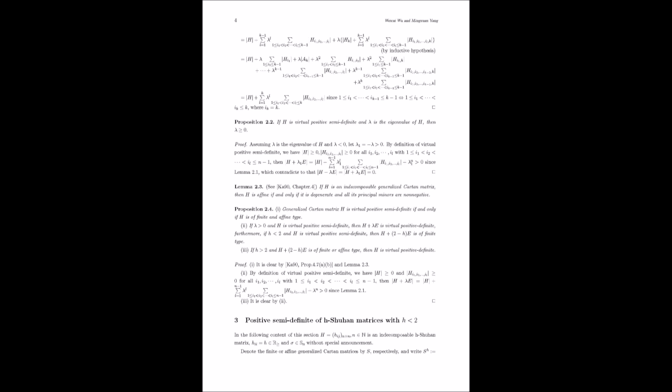Proposition 3.3 states that this matrix is positive semi-definite if and only if h is greater than or equal to 2 times the cosine of pi divided by n plus 1. So we have a very clear and concise condition for positive semi-definiteness derived using trigonometry.